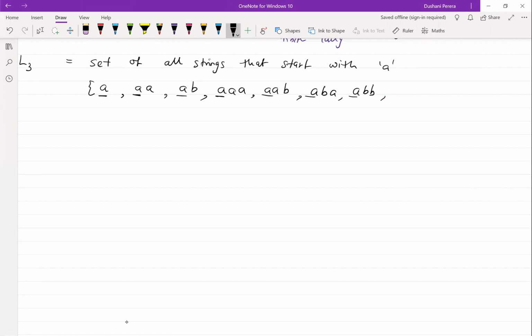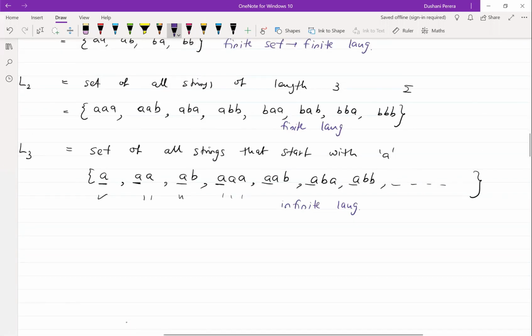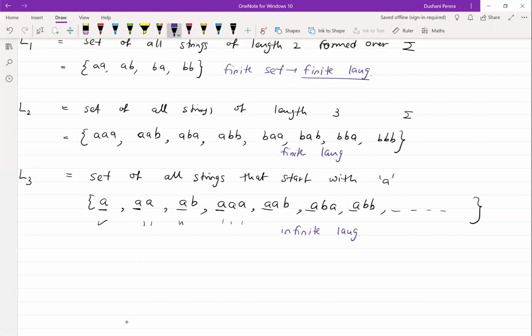Now if we look at this in a pattern, we have the singular ones, then the ones that are in a pair, then the ones with three together, and we can go on and on with 4, 5, 6 likewise. So this doesn't end. So we say that this is an infinite language. So you see, we can have finite languages or infinite languages.